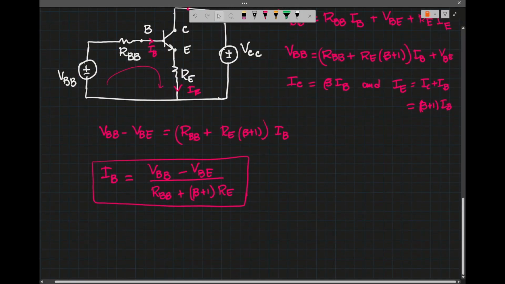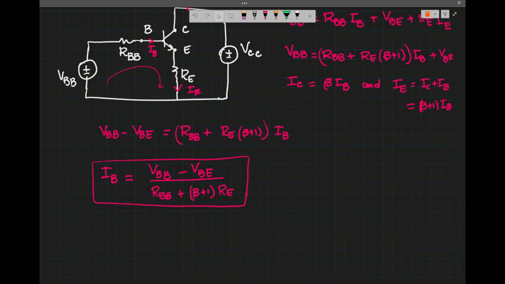Okay, so we can just plug in the numbers there, and then we'll find IB and IC and IE.